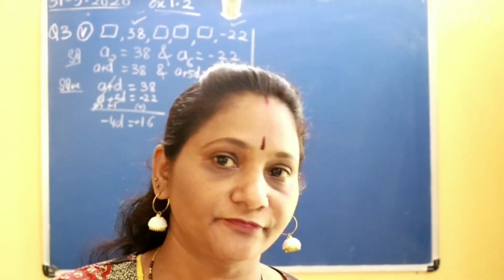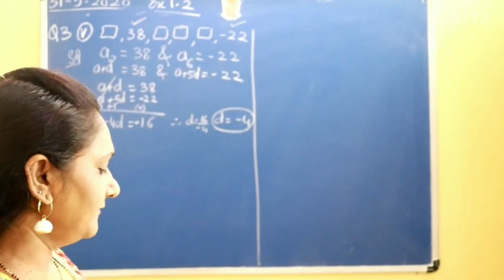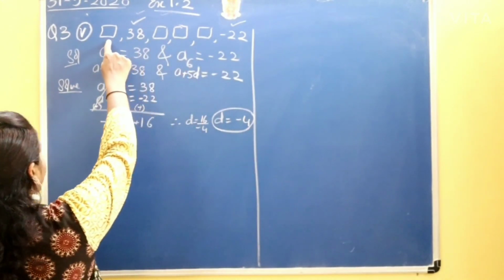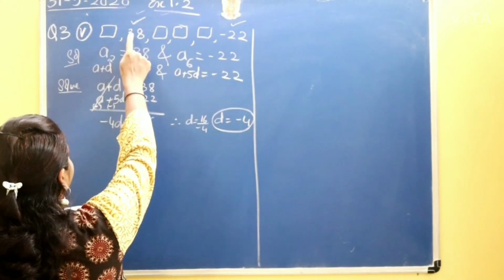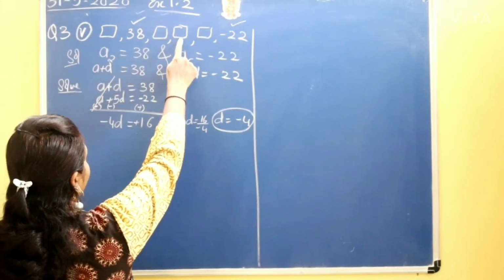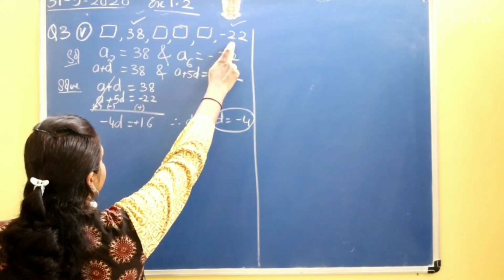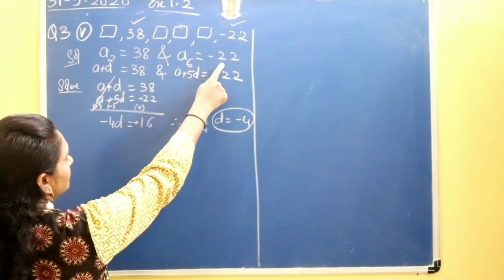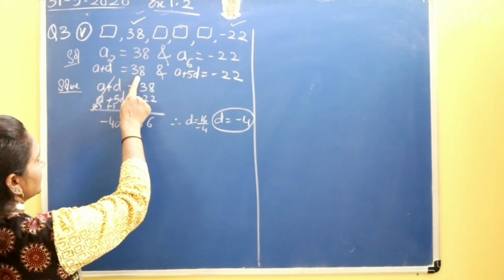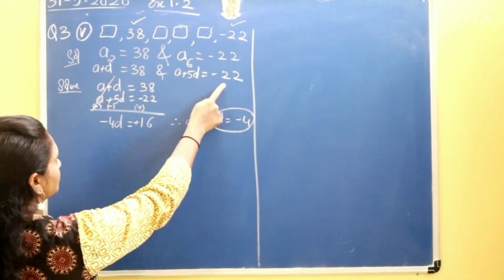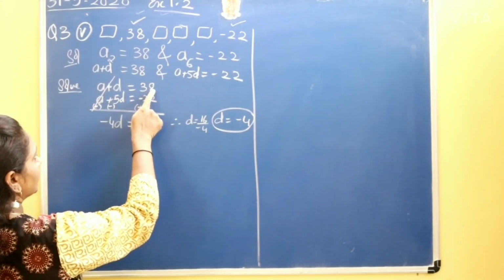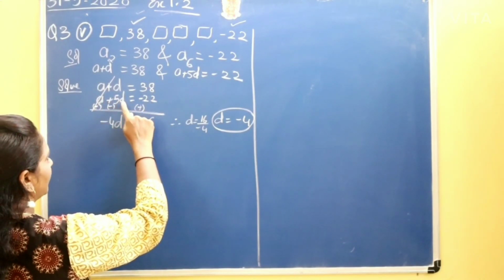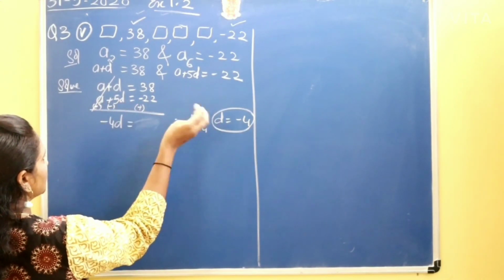So coming to question number 3, sub question 5, we don't have A1, we have A2; A3, A4 and A5 are not known, A6 is -22. A2 is equal to 38 and A6 is equal to -22. A plus D is 38, A plus 5D is -22.